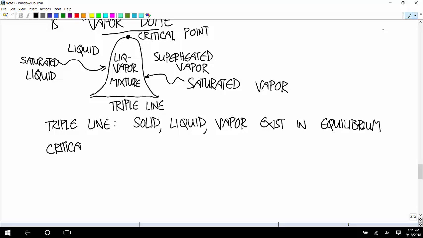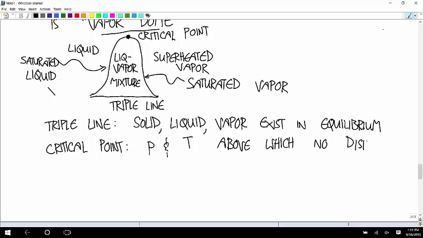The critical point is the pressure and temperature above which there's no distinction between liquids and vapors.